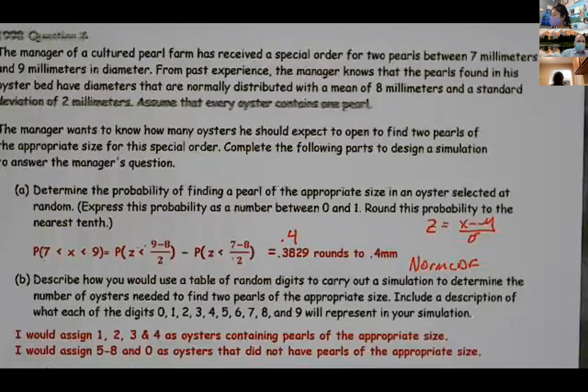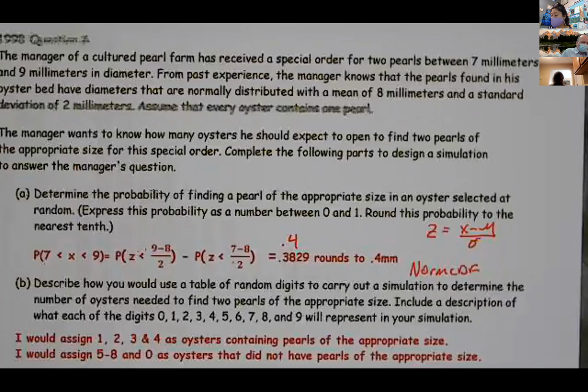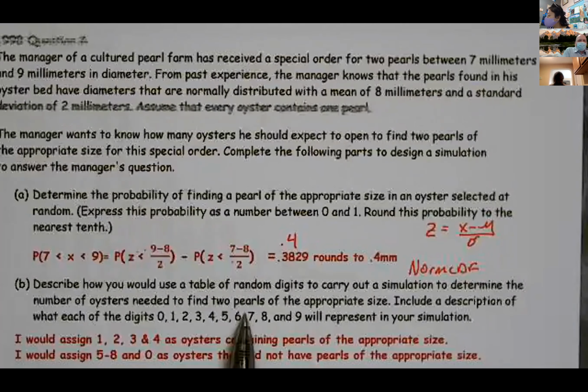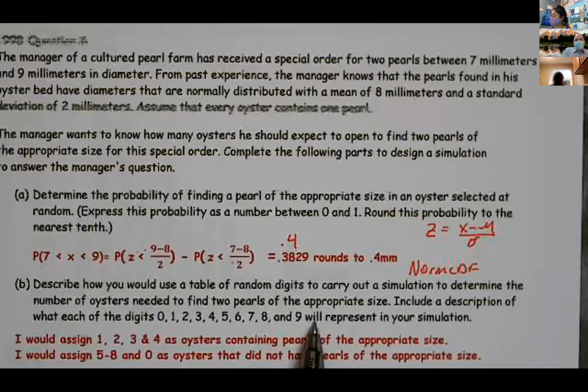All right, continuing on. Describe how you would use a table of random digits to carry out a simulation to determine the number of oysters needed to find 2 pearls of the appropriate size. Include a description of what each of the digits 0, 1, 2, 3, 4, 5, 6, 7, 8, and 9 will represent in your simulation.